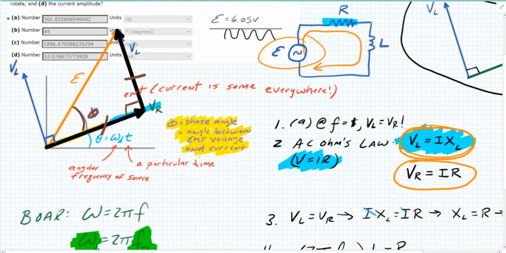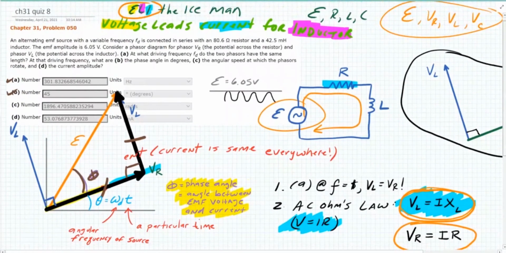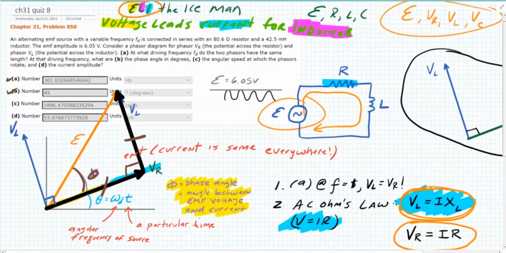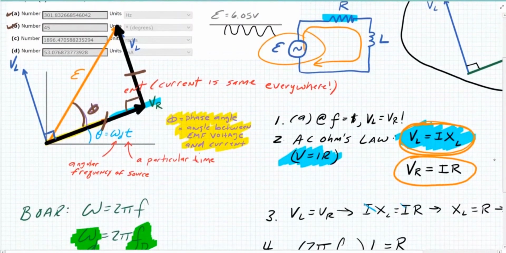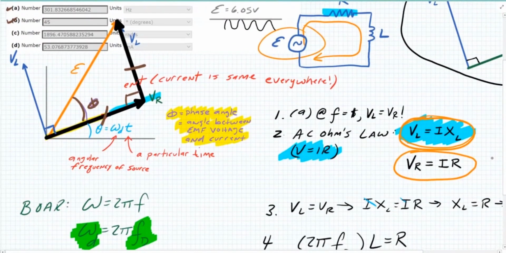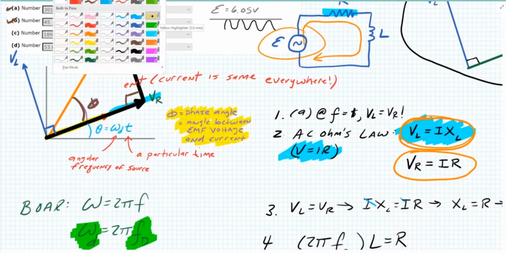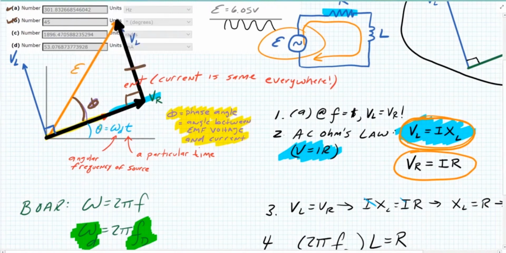Okay, so we're done with A. We're done with B. Part C says, what's the angular speed at which the phasors rotate? We've already figured that out, but it gives me a chance to hype this right here. Make sure you are completely aware of what this is: theta equals omega t.